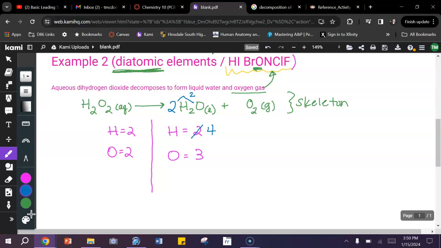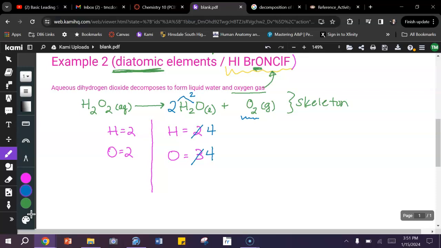But remember, I still have these other 2 in my oxygen molecule. So really, this changes to a 4: 2 oxygens in my water molecule, and I still have 2 oxygens in my oxygen molecule. So that's why I'm able to change this to a 4.